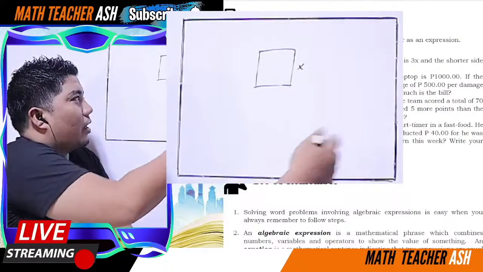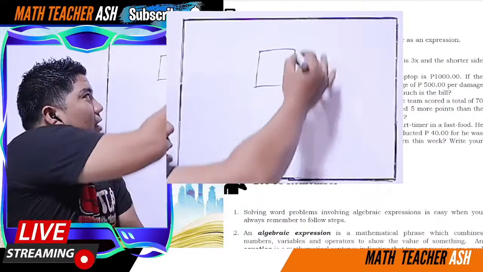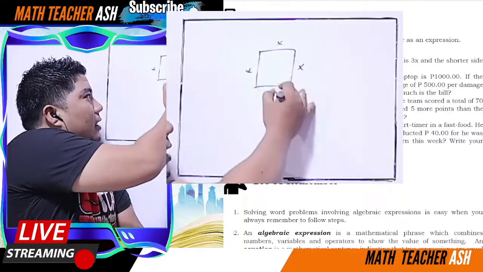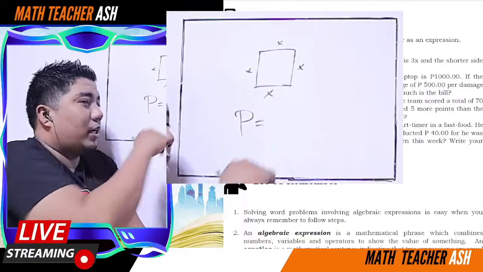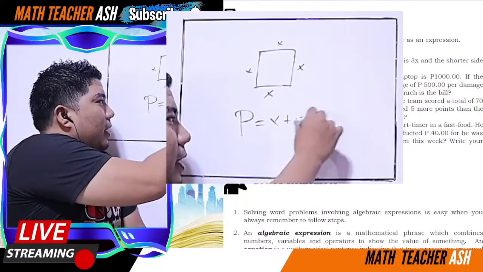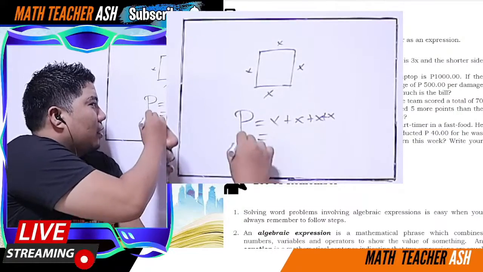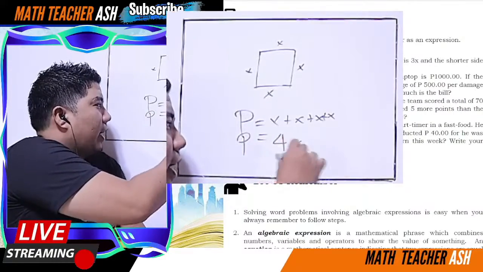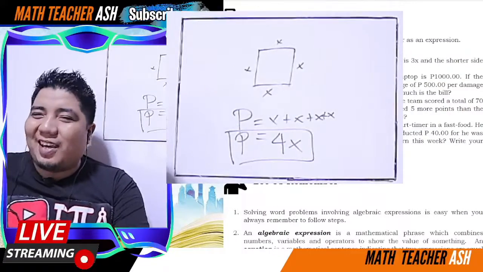Of course, in a square, all of the sides are equal. So this will be x, this will be x, and this will be x. Since we are talking about perimeter, so the perimeter is the sum of all sides. So that is x plus x plus x plus x. Alright. So, your perimeter is 4x. And this will be your final answer. Okay.